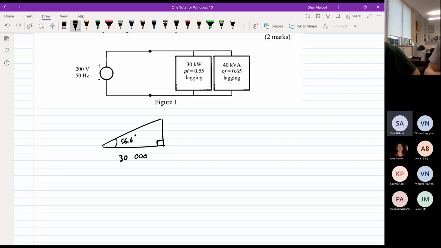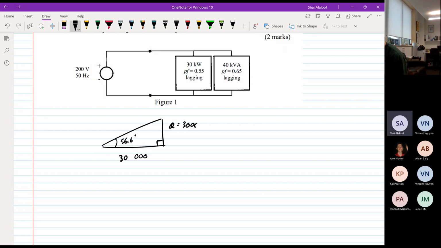Okay, that gives you enough information to calculate the reactive power. If you just do basic trig and use the tan function, you can find Q, which will be 30,000 times tan 56.6.